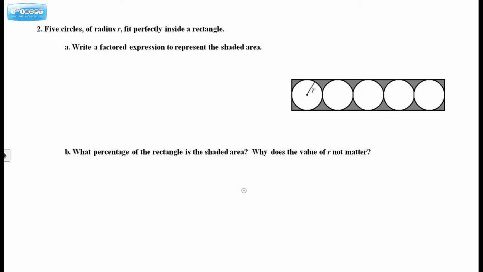First of all, we need to figure out how to determine the shaded area. So the area shaded would just be the area of the rectangle minus the area of the 5 circles.